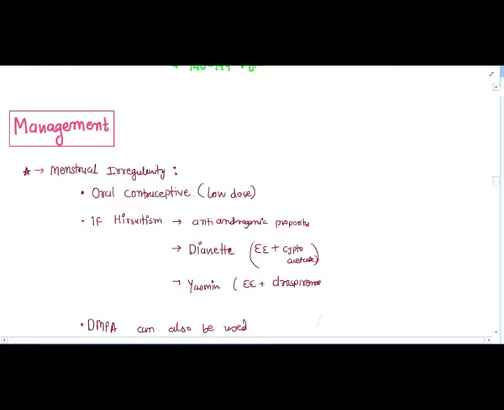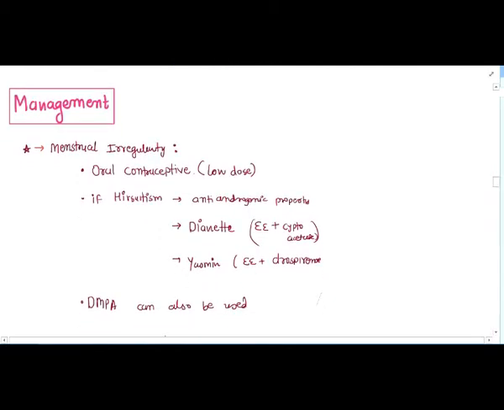If the patient comes with menstrual irregularity, we will prescribe oral contraceptives that have a lower dose of estrogen as well as progesterone.